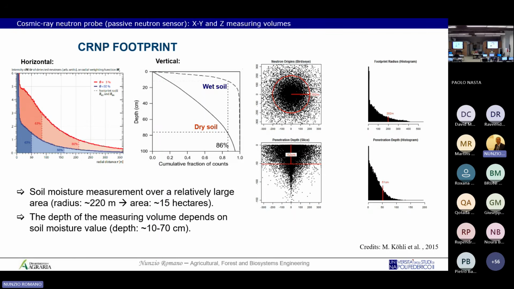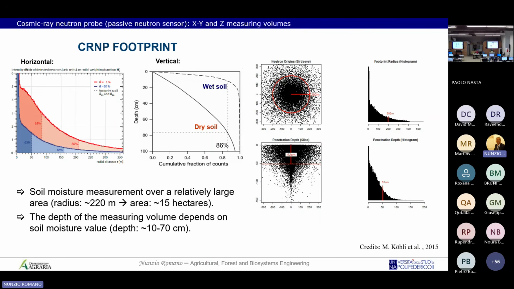So again, from this information, it is important to understand that the soil depth, the vertical information, the depth of the measuring volume for the soil moisture, depends on the amount of water in the soil.